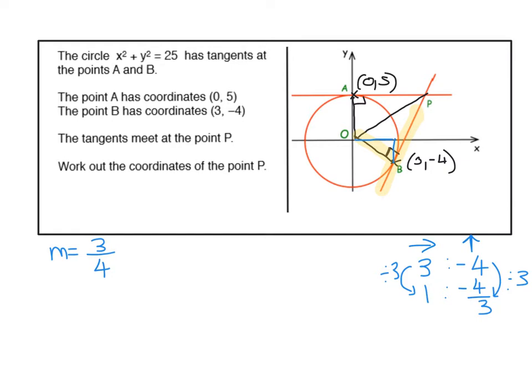So I'm going to find the equation of this line here. Because once I find the equation of this line, I can then find a particular point on that line, and our aim is to find this point P. So to find the equation of a line, we have to do y equals mx plus c.